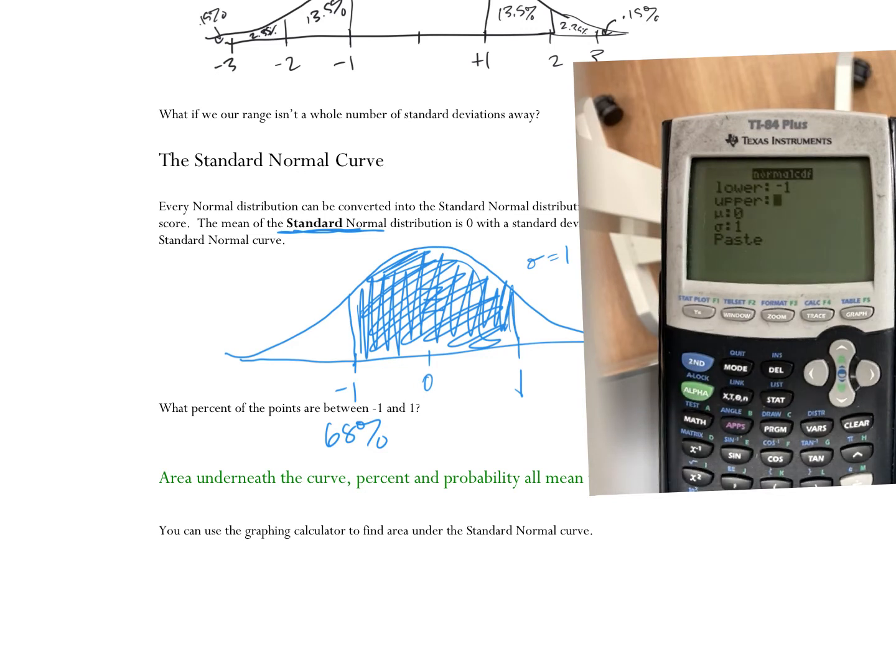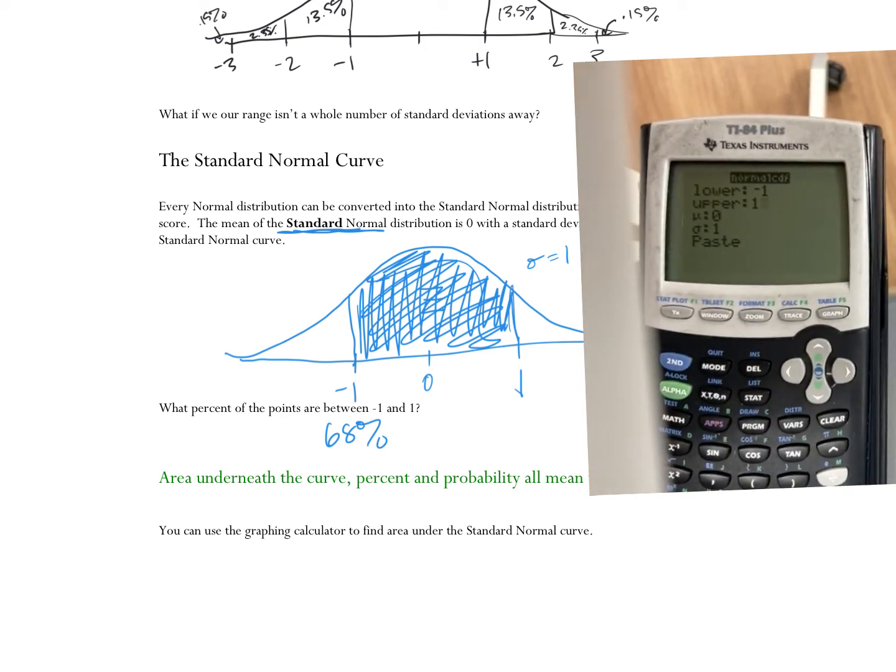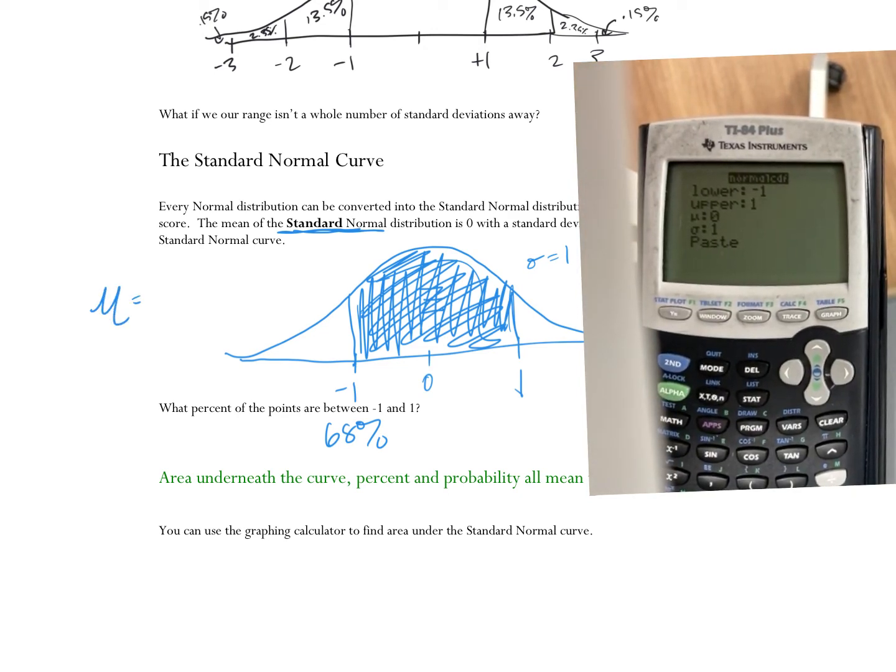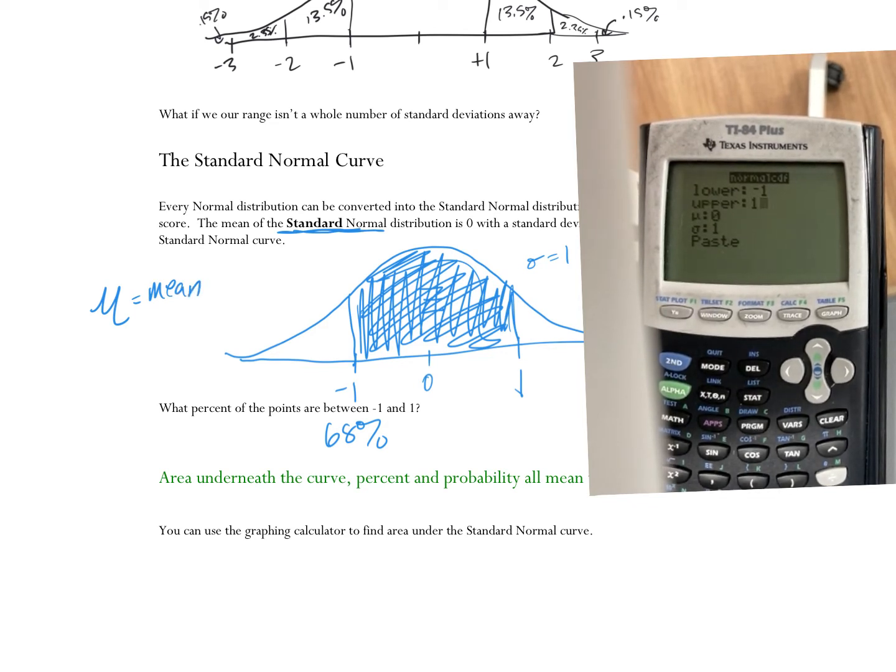What is the upper boundary of what's being shaded? 1. Now, that curly symbol is supposed to be the mean, which on our picture turns out to be 0. And then that other one is the symbol for the standard deviation. So we're going to leave those as 0 and 1.